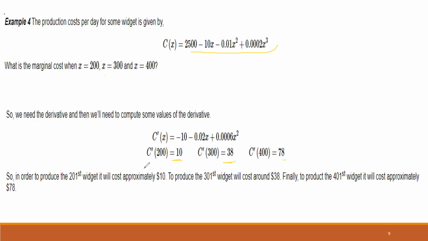So this gives you the rate of change. So when you find the first derivative and you plug in those values for x, it tells us that to produce the 201st widget, it will cost $10, right?